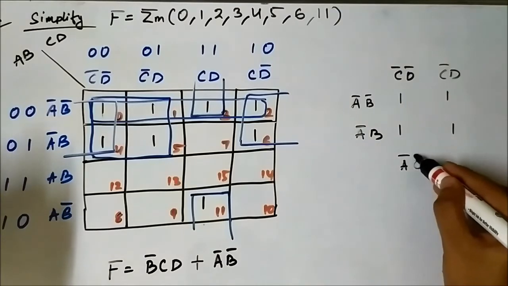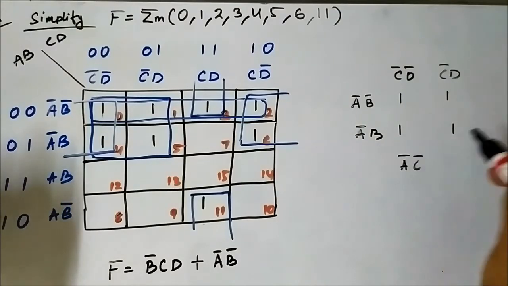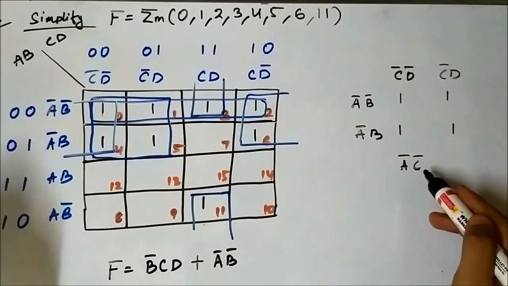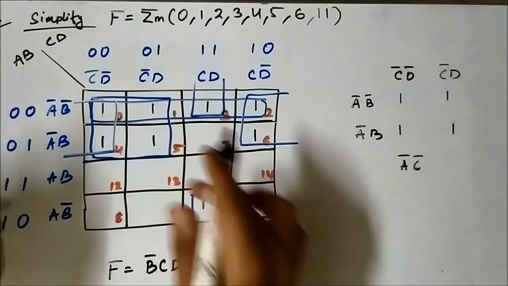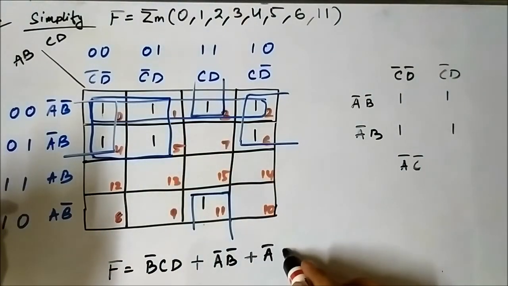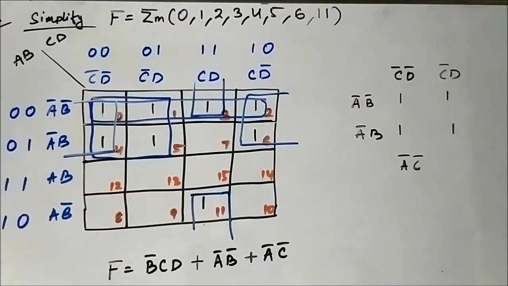So for this quad the common set of variables are A bar, C bar.